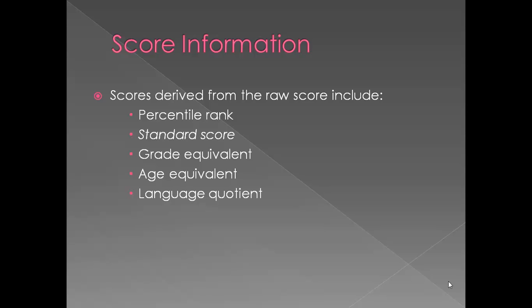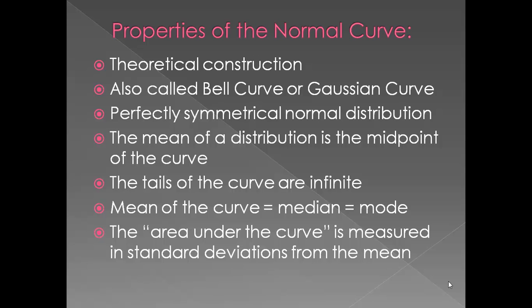The quotient is equivalent to your overall full-scale score, but it's not on the same scale as, say, an IQ score, which, if it's the WISC, is a 15 point range, and if it's the Stanford-Binet, it'll be a 16-point range. But it's basically the same idea as that full-scale score.